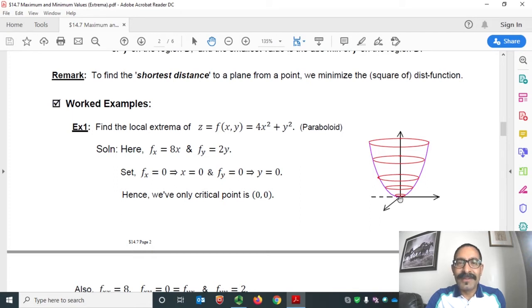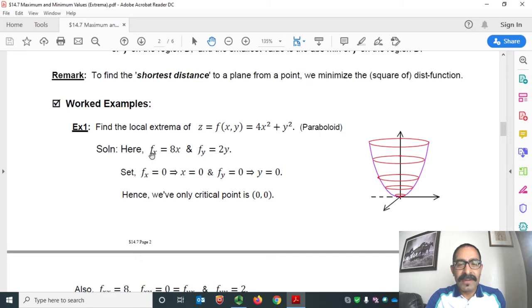Now let's verify this information using our second partials test theorem. So, solution. First find the critical point. Let's take the first partial derivatives with respect to x and y and set those derivatives equal to 0.